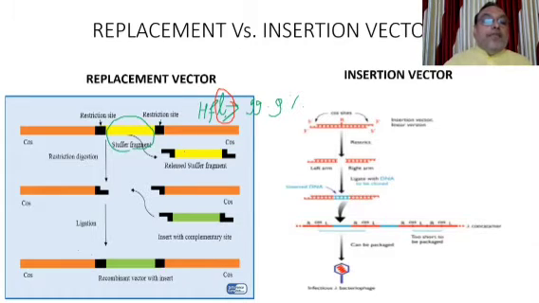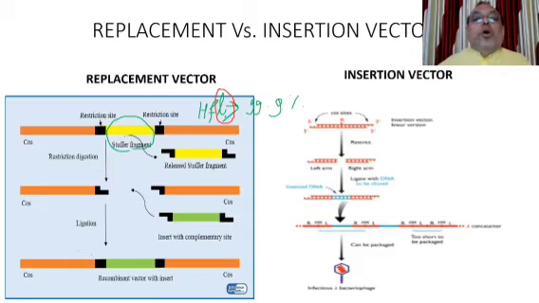And if the lysogenic life cycle is pursued, we have already seen that the phage genome gets integrated into the host genome and is multiplied along with the host genome as if it were part of the host genome.